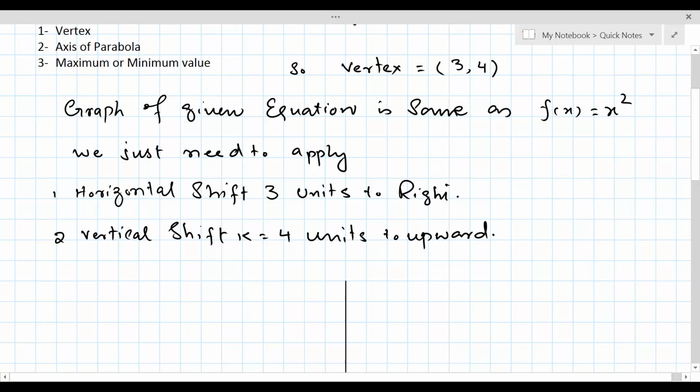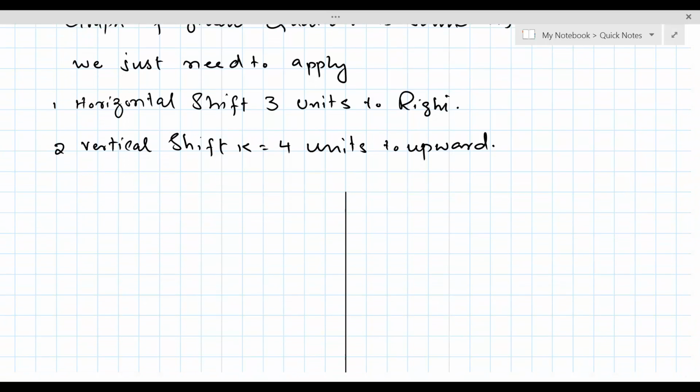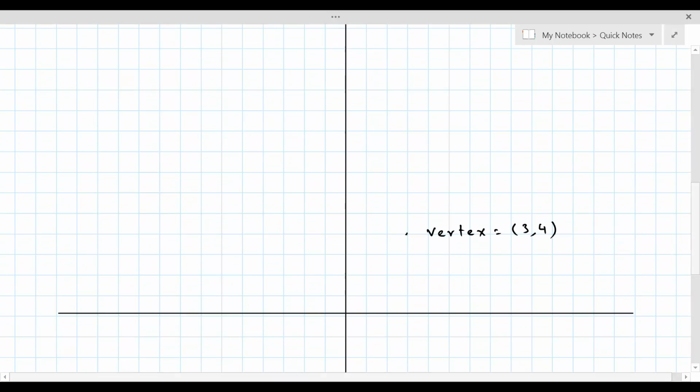So we also applied 4 units of shift upward. Here you can see that the base graph would start from the origin, and the vertex would be at (0, 0). But we have applied the shift 3 units toward the right and 4 units upward, and that's how we got the vertex at (3, 4).